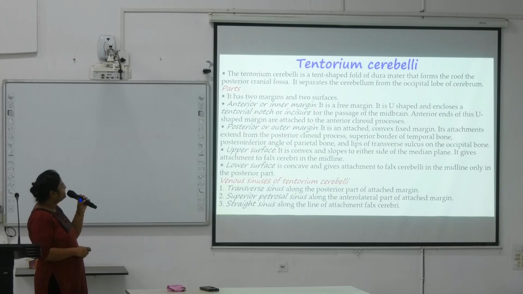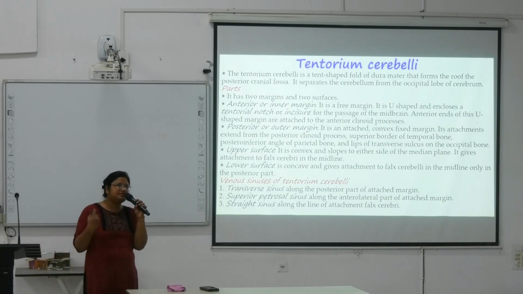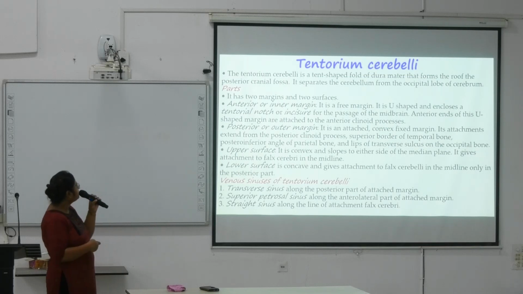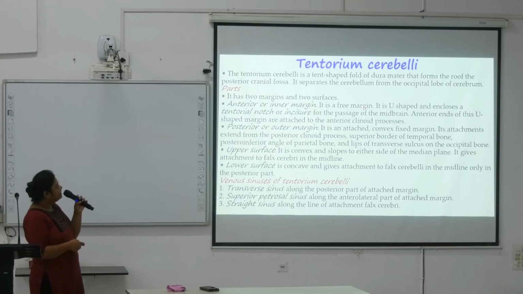The attachments and where lies the free margin and where the attached margin is attached are asked in exams, okay, on the base of the skull, on your bones. So anterior or inner margin is a free margin. It is U-shaped and it forms the tentorial notch or incisura for the passage of the midbrain.